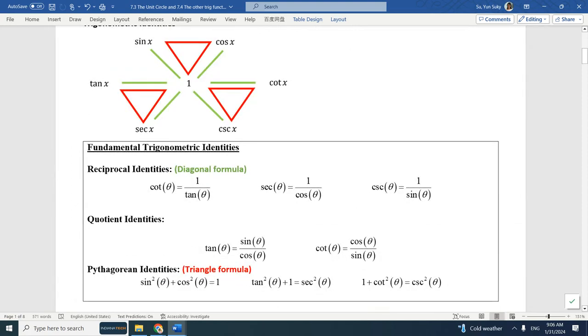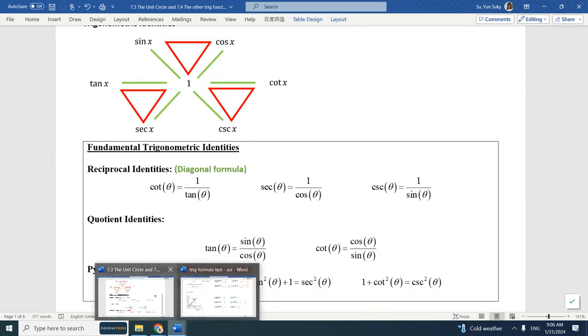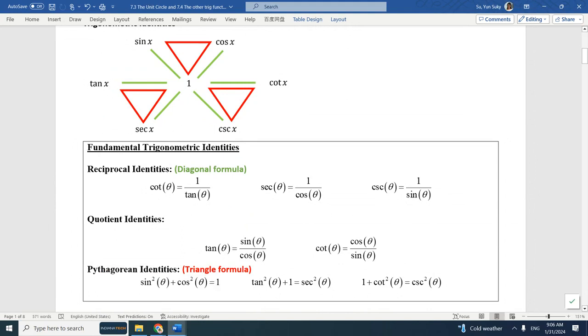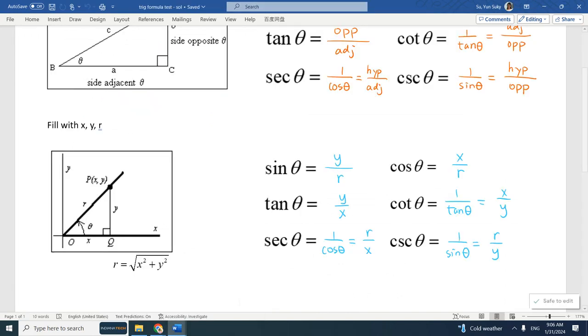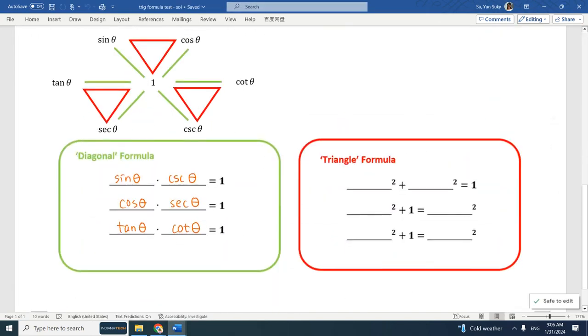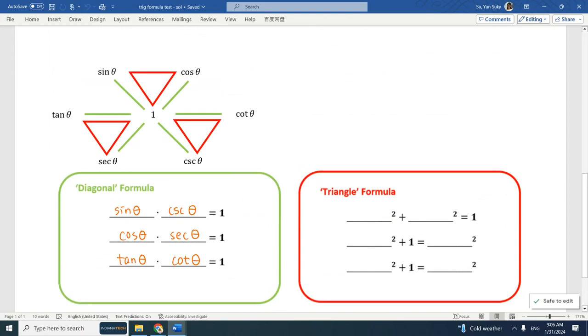Last time I told you there are three diagonals. For each diagonal, the product of the two ends equals the middle one. Do you still remember? Now today we talk about the triangle formula.